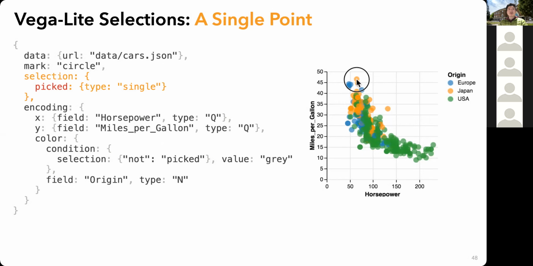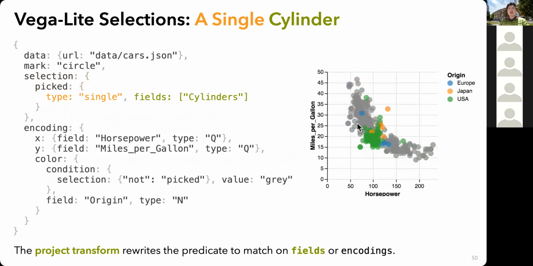Okay, and so in this example, we're going to say select it if you select a point, which is a car, and you want to use its field to select all the other cars with the same number of cylinders. So if you remember from the data set, each car has maybe 3, 4, 6, or 8 cylinders.